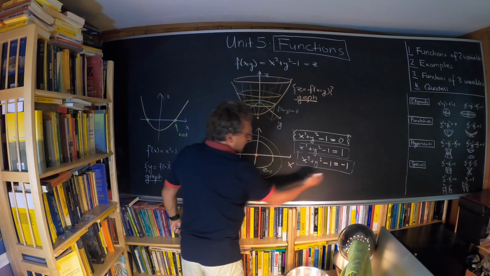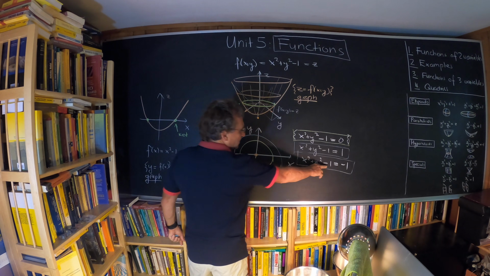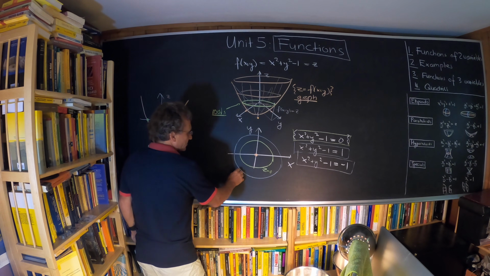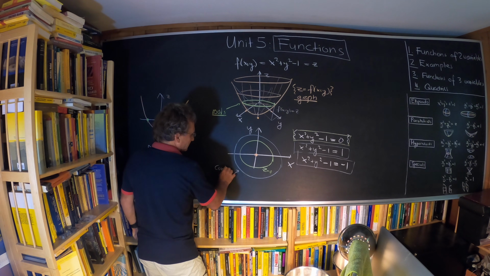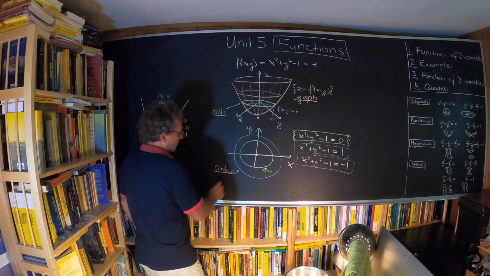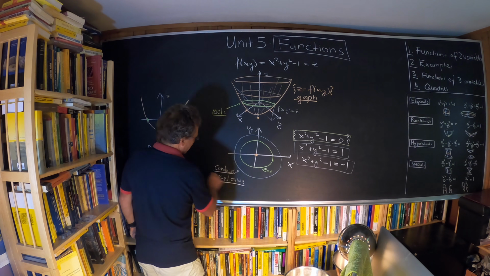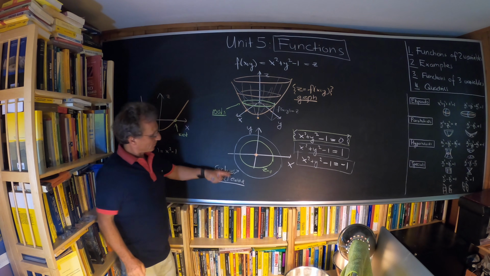When we take minus 2, we get something empty. So these are called contours, or level curves. That's the same word: contour or level curve.